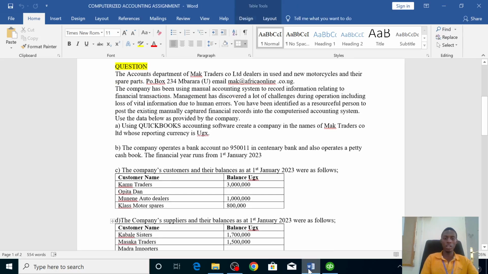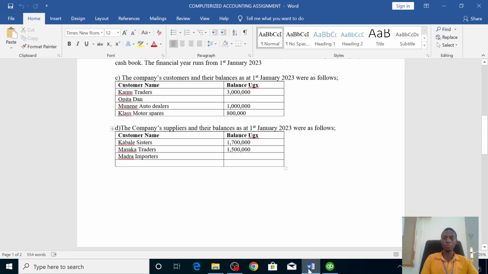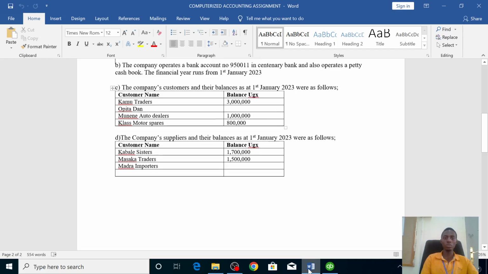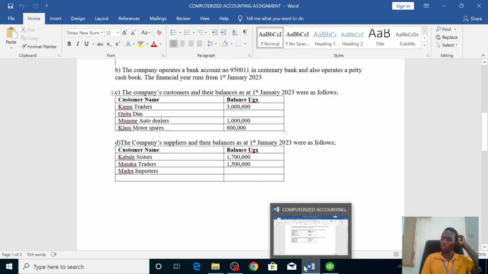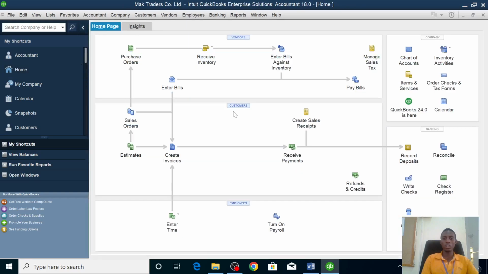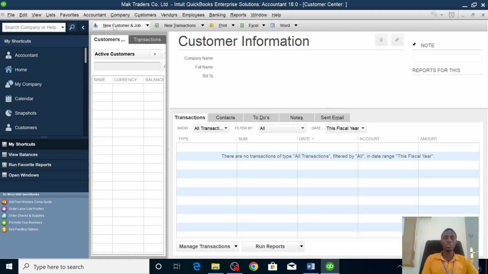Part C, I'm provided with customers. So I come to my QuickBooks, back to home, select customers, customer center, then I add my customers.